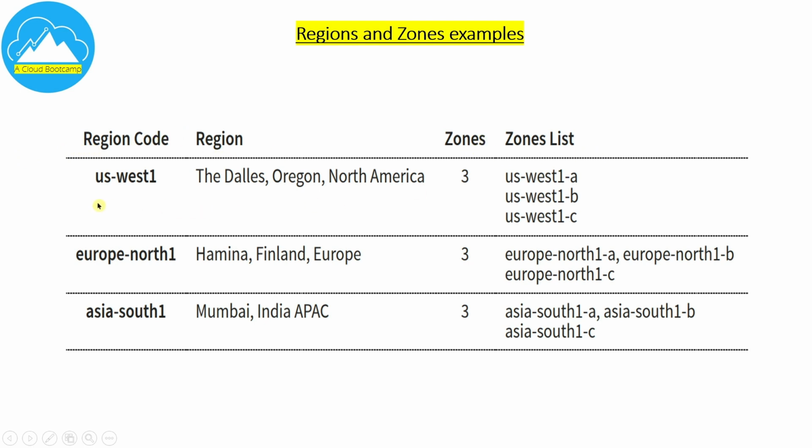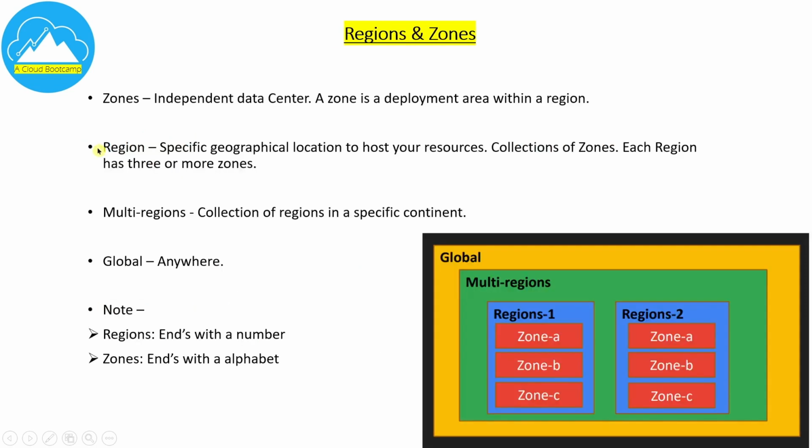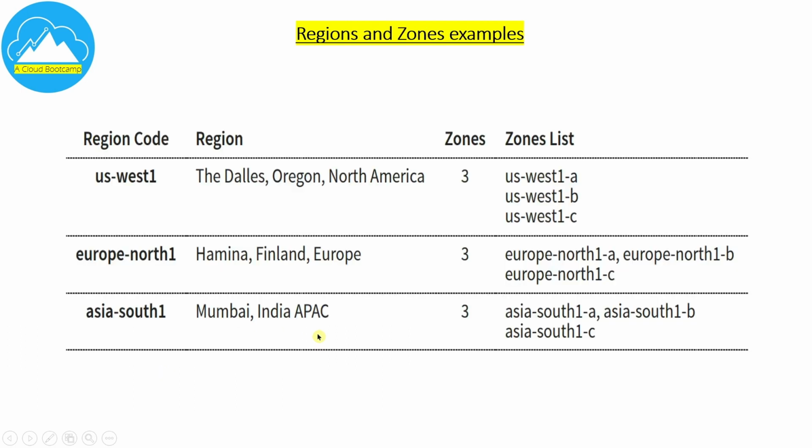You see the region name, which is US West 1. As I mentioned previously, a region ends with a number. US West 1 ends with a number, and that's how you can identify a region within GCP. The region US West 1 is located in Dallas, Oregon, North America.